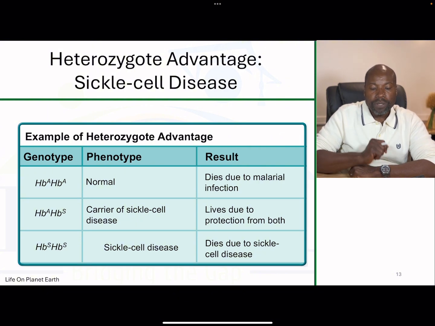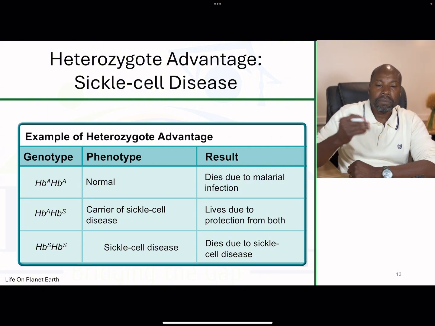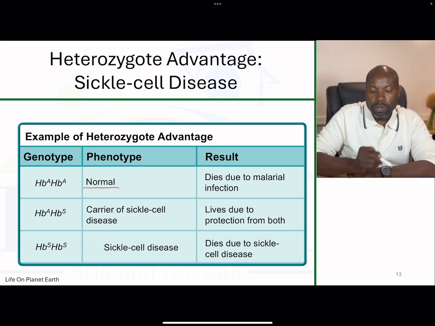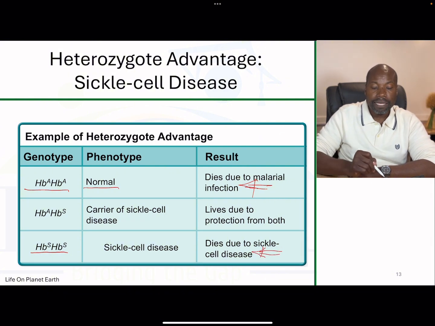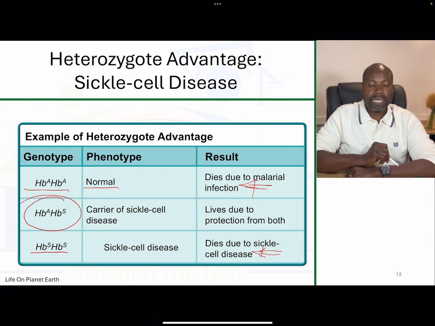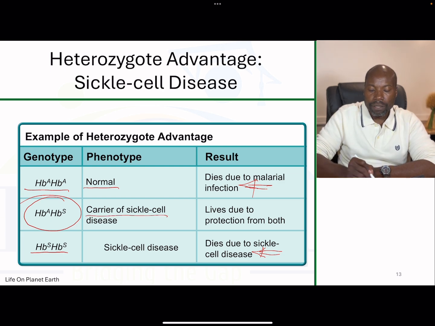So the heterozygous advantage of sickle cell is basically that if you are normal, so you have normal hemoglobin, you are very much sensitive to malaria. If you have sickle cell anemia, right? You can be very sick due to the sickle cell disease, right? But if you are heterozygous, you are a carrier, you are resistant to malaria, you can withstand malaria.